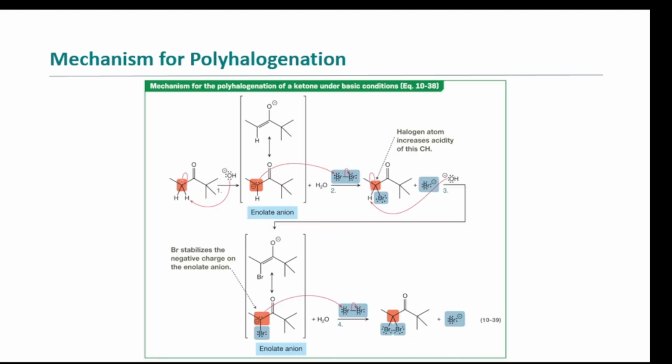And this is actually the mechanism for that reaction. Again, you see that first step again, where we produce the enolate anion here. We'll attack it with the first bromine, and that's going to give us the single brominated, right? Now for the next one, this hydrogen here is more acidic. It's going to be even easier to pull that one off than it was the first time you do it.